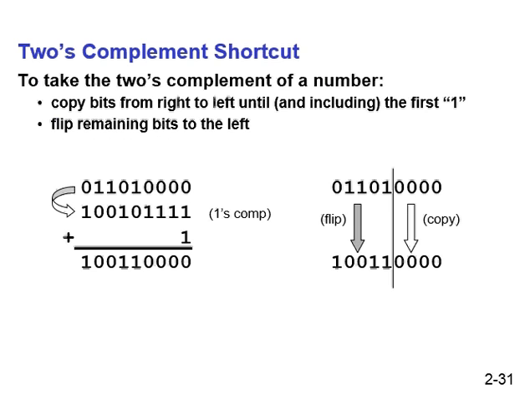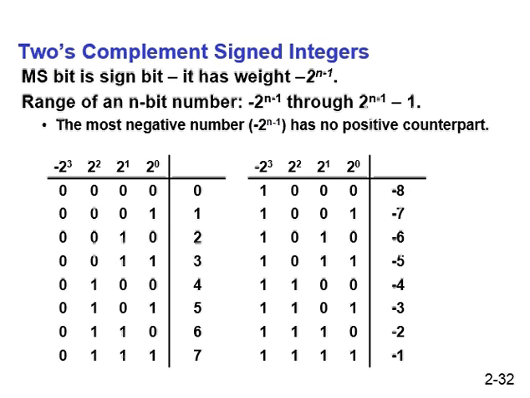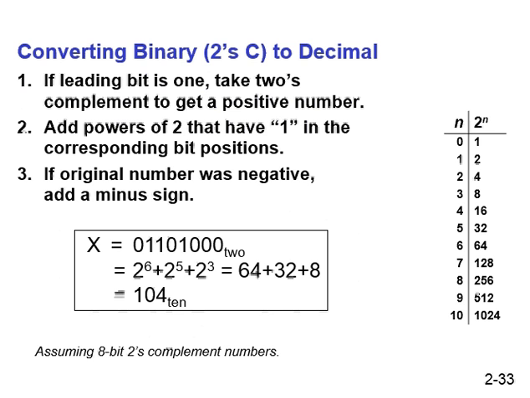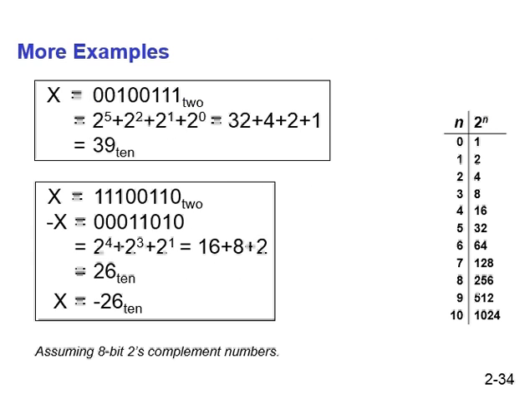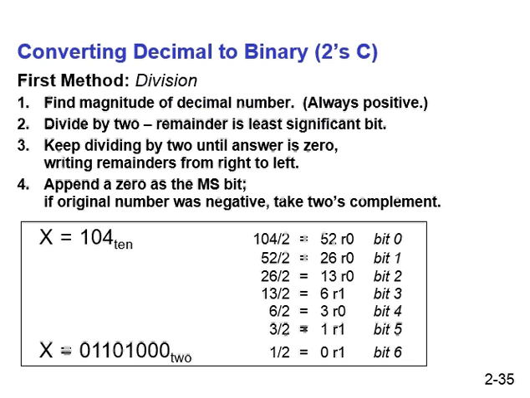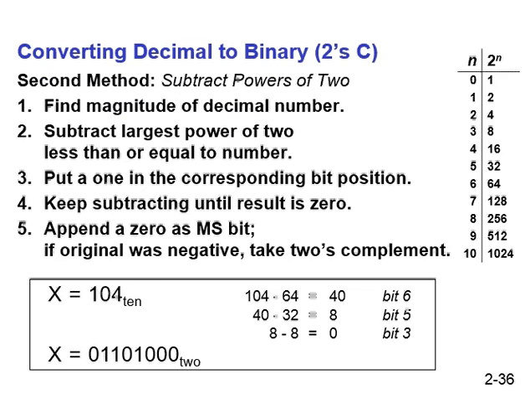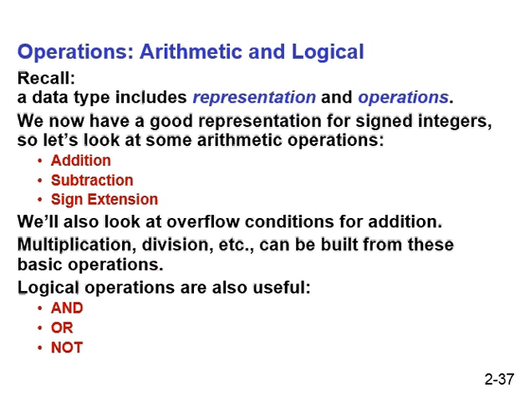You study that 2's complement and sign extension, the ways for converting the value from binary to decimal, and the way for converting the value from decimal to binary. Let's review.